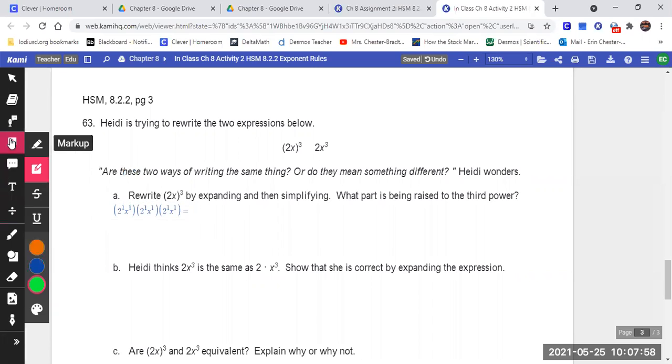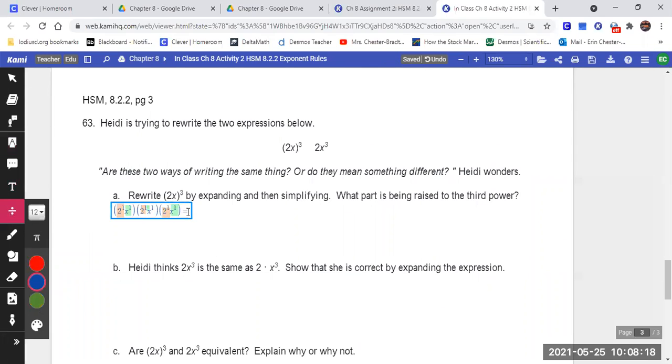If we color code it, we have 2's, right? And we have x's. And when I expand it, I see 3 of the 2's. So that's why they said 2 to the 3rd power. And I see 3 of the x's. Okay, so we rewrote in expanded form and then simplify.